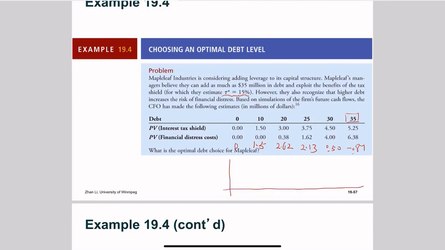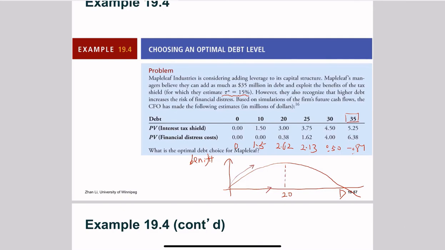So what you can see here is, if you draw a picture like this, this is the benefit from debt, right? So this is the level of debt. What you can see here is at the amount of 20, we get the highest net benefit or total benefit. And when debt increases from a low level, then as debt increases, the benefit of debt increases, right?